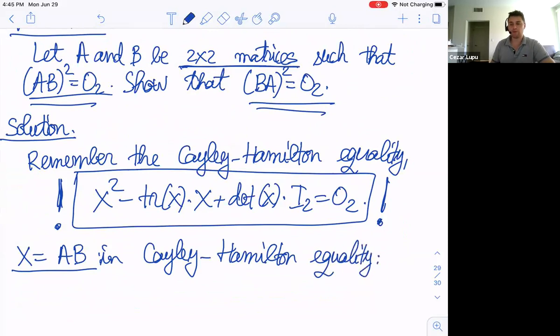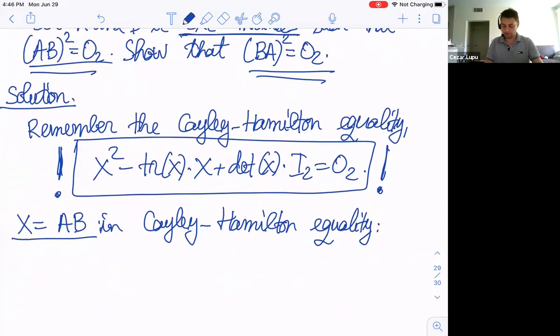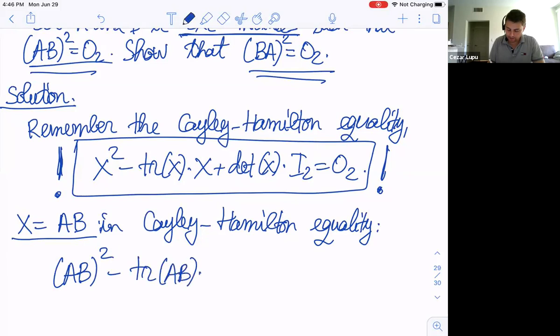Okay, if we do this, we're going to have the following: AB squared, (AB) squared, minus trace of AB times AB plus the determinant of AB times the identity is the null matrix.